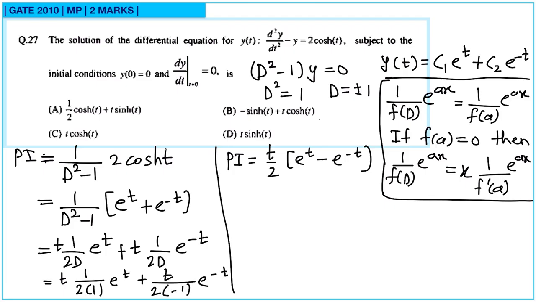So the final equation is c1 e raised to t plus c2 e raised to minus t plus this. The addition of these two will give us the final equation. Now we have to use the initial conditions, and the initial condition is y of 0 is 0.